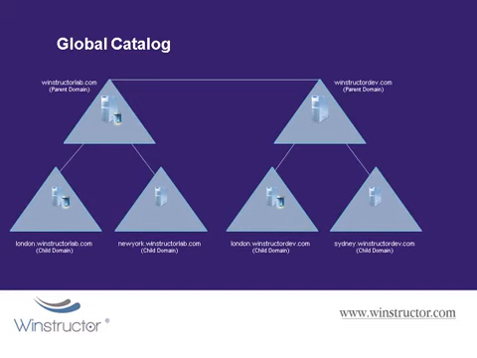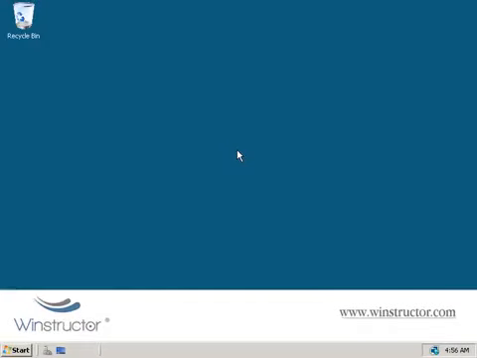Since the infrastructure master role is a domain role, you will again either need all domain controllers within the domain to be global catalog servers, or at least one server not running as a global catalog server, and then you'd transfer the infrastructure master role to that server, and transferring these roles is something that we will cover in another video.